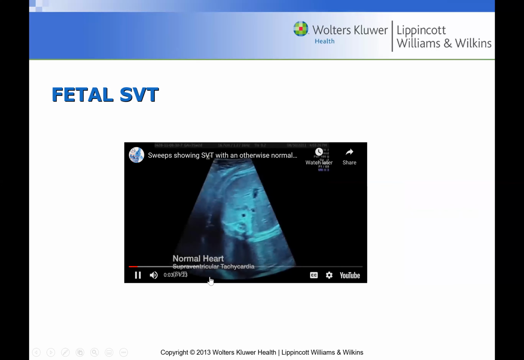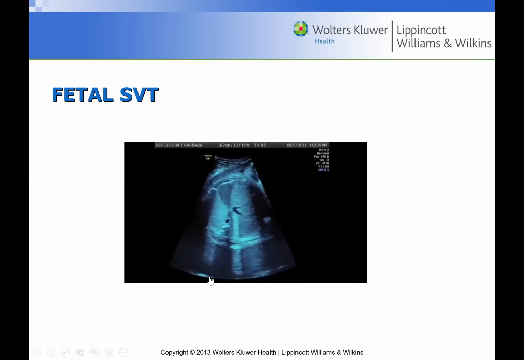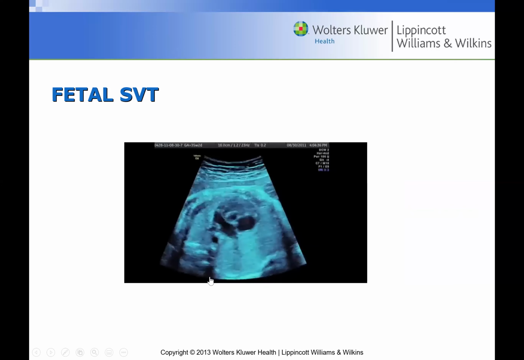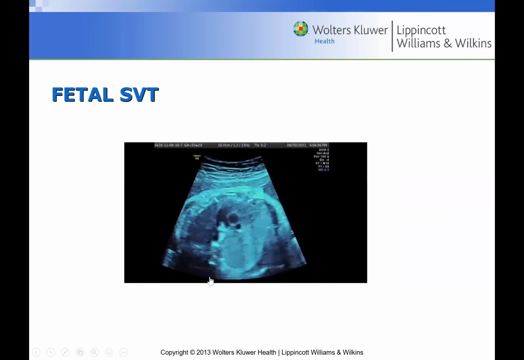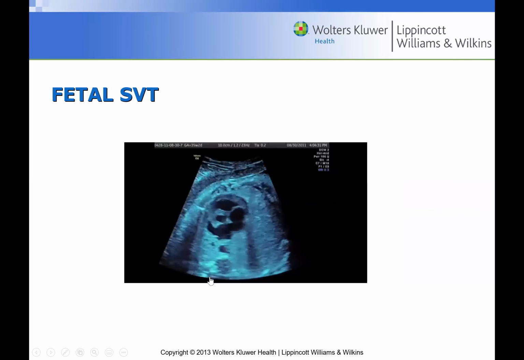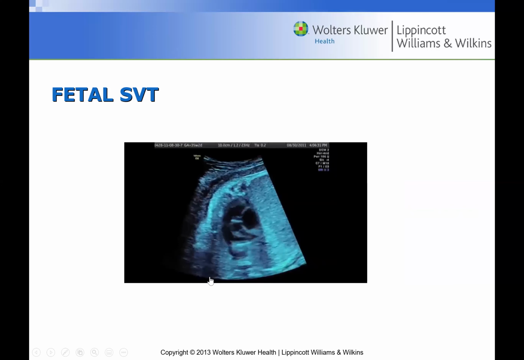This is a normal sweep through the fetal heart with normal anatomy, but with an obviously fast heart rate of 260 beats per minute, which is consistent with supraventricular tachycardia.